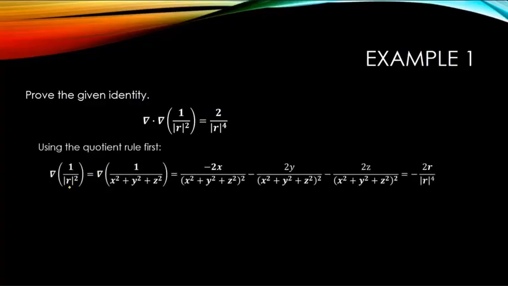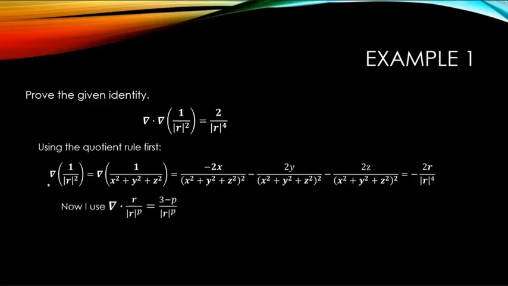Del of 1 over the magnitude of r squared becomes del of 1 over x squared plus y squared plus z squared, which is equal to negative 2x over the quantity x squared plus y squared plus z squared squared, minus 2y over the quantity x squared plus y squared plus z squared squared, minus 2z over the quantity x squared plus y squared plus z squared squared.